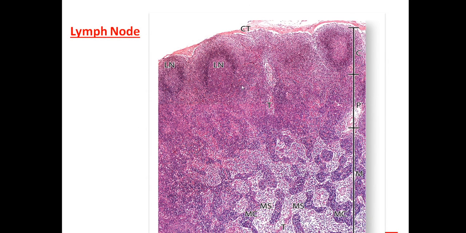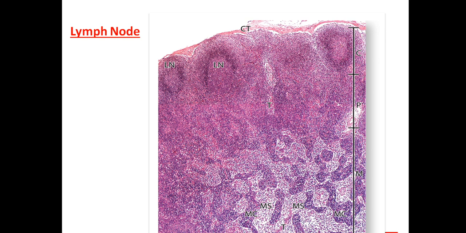Histologically, this is the lymph node. The lymph node consists of an aggregation of lymphatic nodules. This is the cortex layer, surrounded by a capsule, which is connective tissue. The underlying layer is the cortex, which consists of an aggregation of lymphatic nodules.